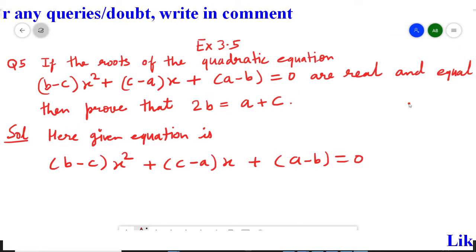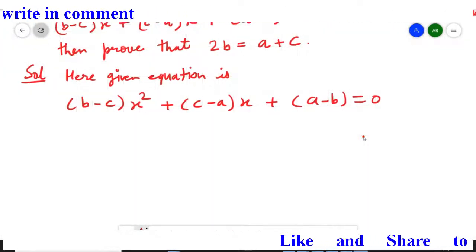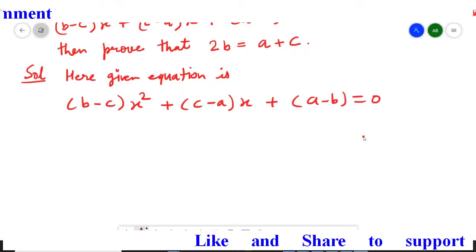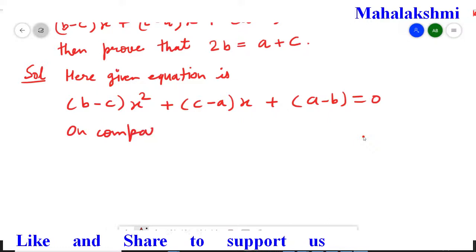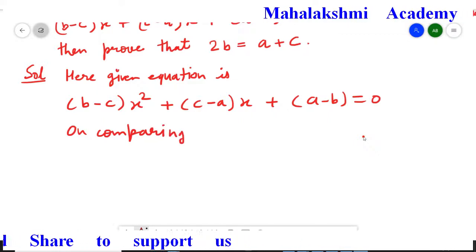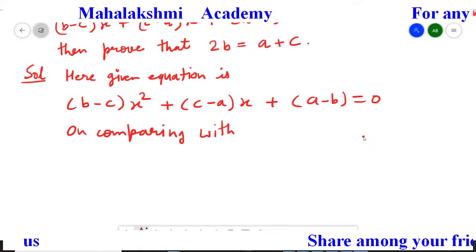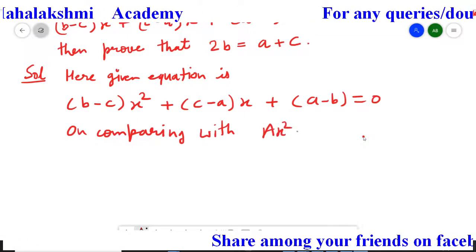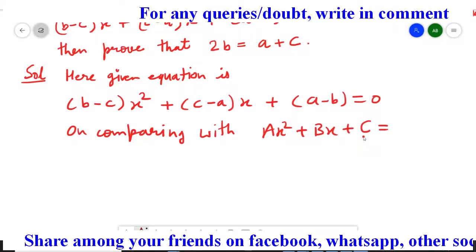Now this quadratic equation we first have to compare with the standard equation of quadratic. So on comparing with ax square plus bx plus capital C equal to 0.